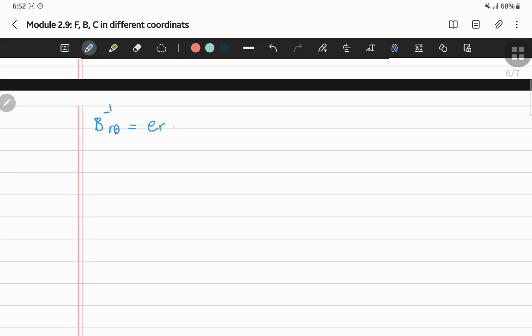This is ER dot B inverse E theta, which is equal to ER dot F F transpose inverse E theta, which is equal to ER dot F inverse transpose, then we have F inverse E theta.